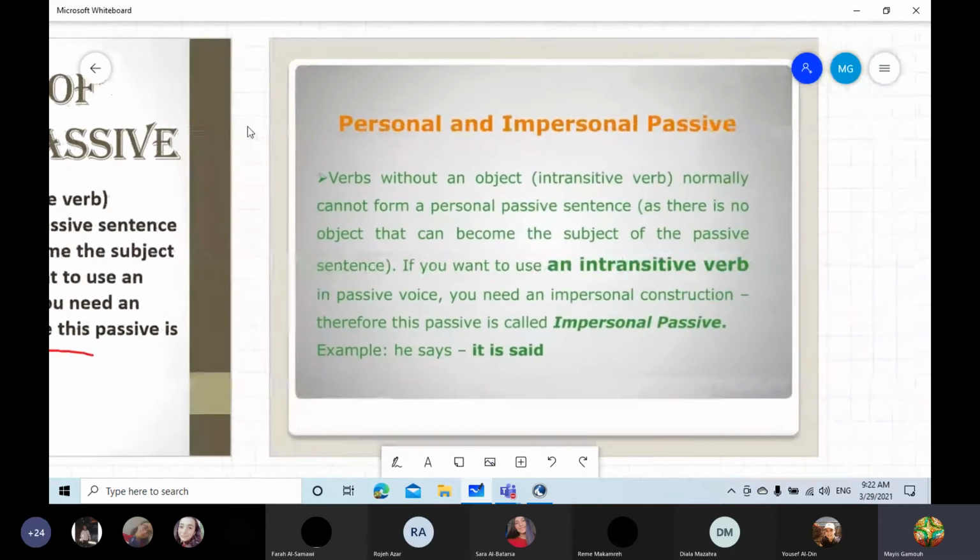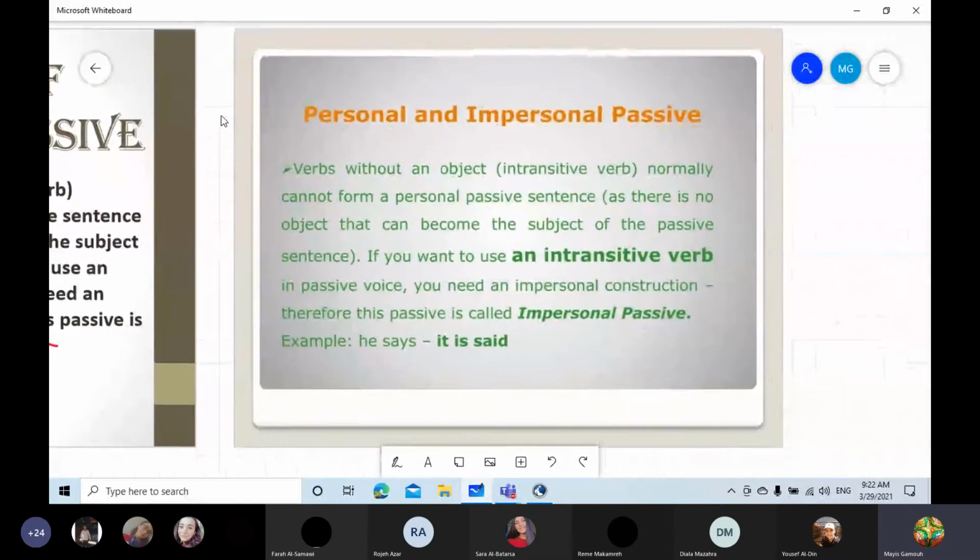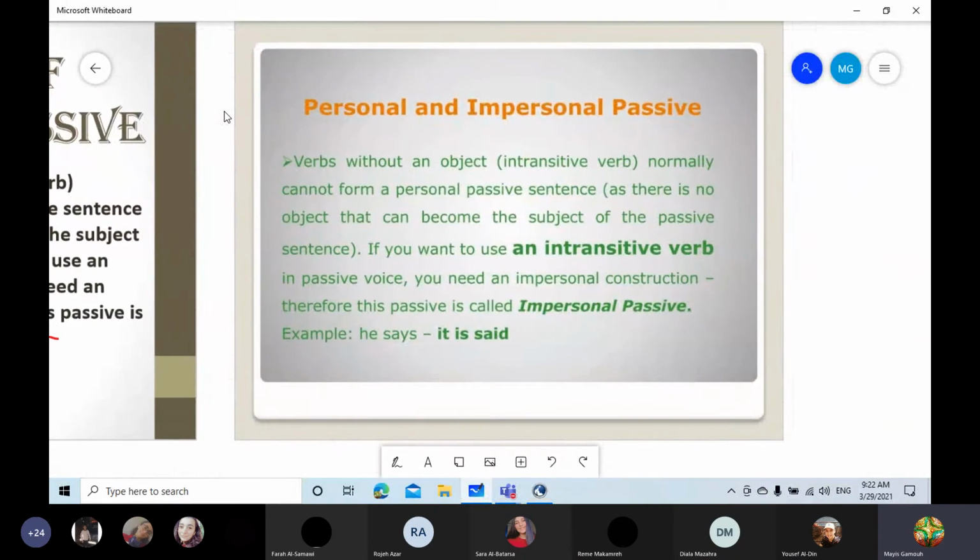Let's differentiate between the personal and impersonal passive. Let's all look at this slide. Verbs without an object, which are called intransitive verbs, normally cannot form a personal passive sentence, as there is no object that can become the subject, as we said before, of the passive sentence.